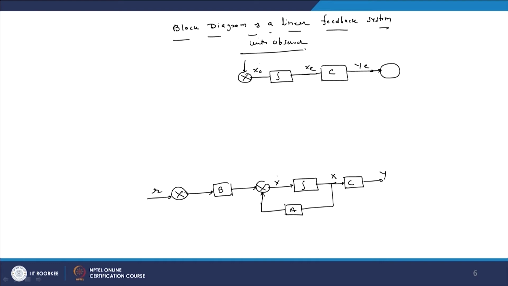Now, here is the observer gain matrix, or we can say observer type controller, Ke. Now, here output ye. Now, this is a B matrix, and this is u, and here is A matrix.